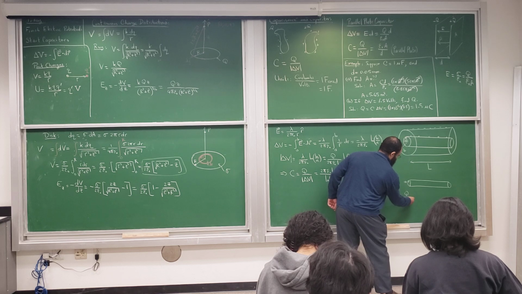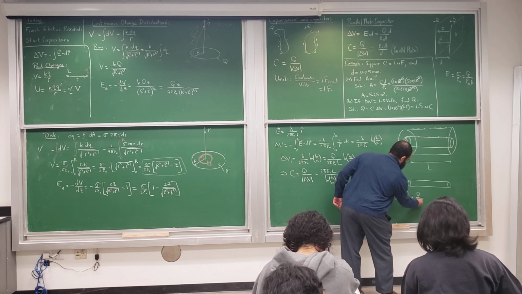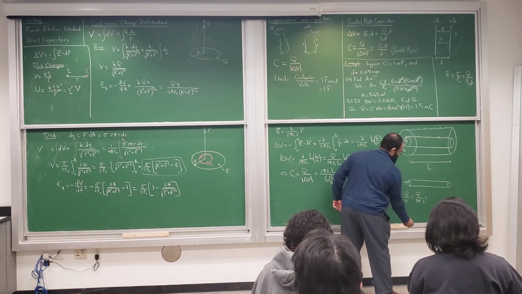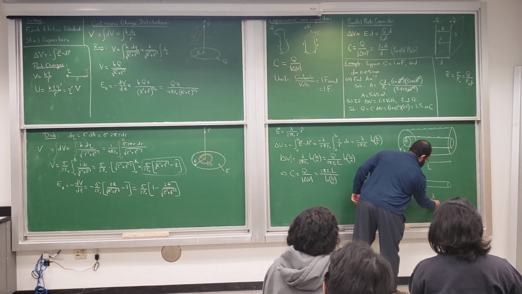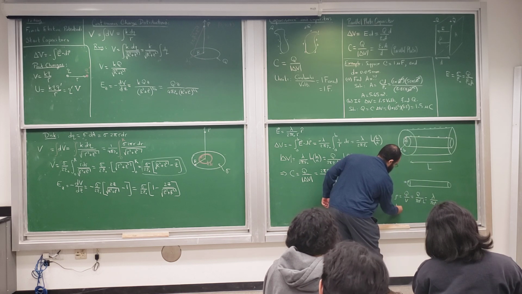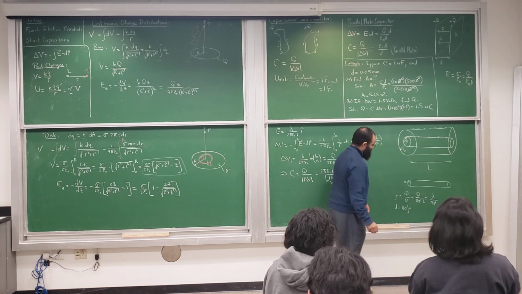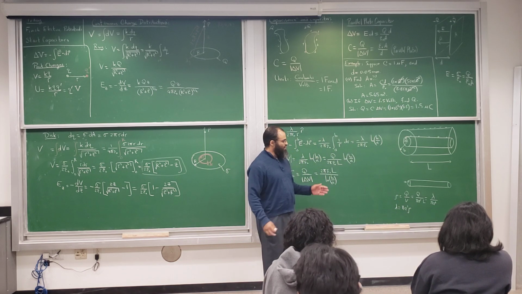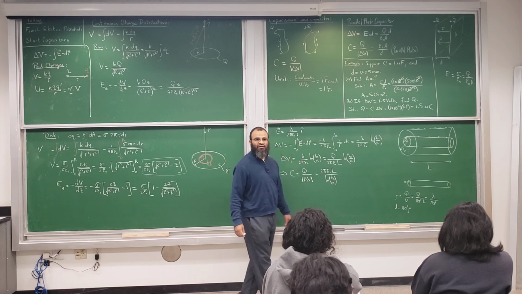The volume is pi A squared L. So Q over L is lambda, which is rho times pi A squared. So lambda will just be pi A squared times rho. It doesn't matter whether you use rho or lambda, as long as you multiply by the length, you will have the charge in that length.